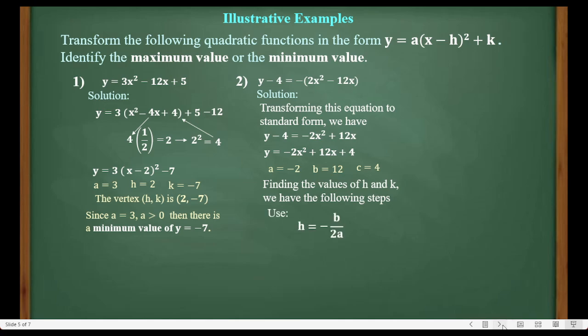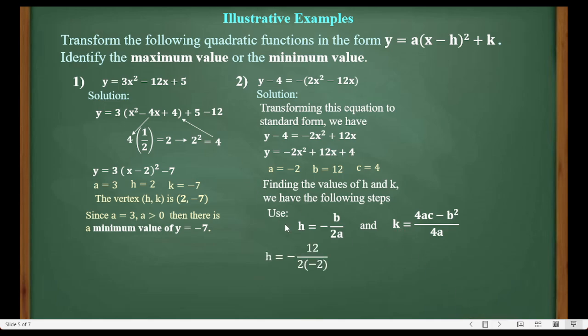So, the formula to compute for the value of H, that is H equals negative B over 2A. And for K, this is the formula: 4AC minus B squared all over 4A. And we substitute the values of A, B, and C to these two equations.